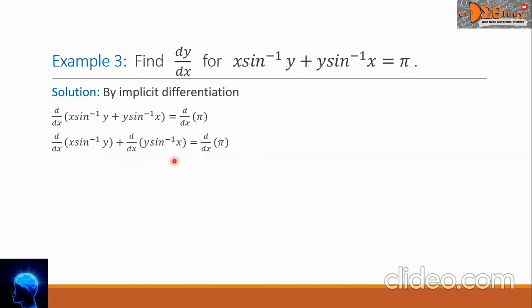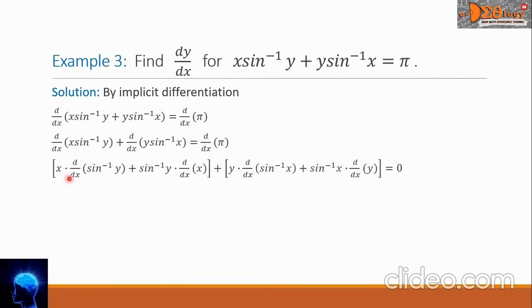On the left side, we can see that each function is a product of two functions. So we will apply product rule. For the first group here, we have now x times derivative of sine inverse of y plus we copy that second function times derivative of the first function.